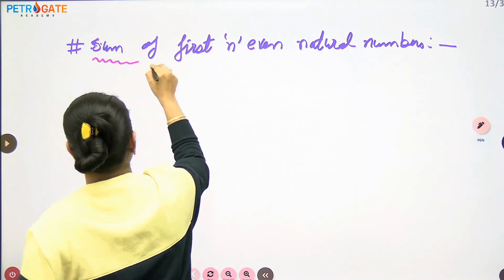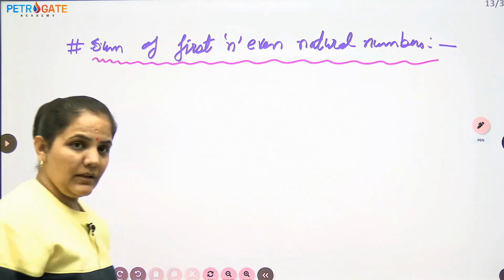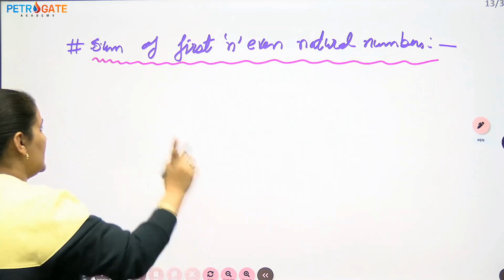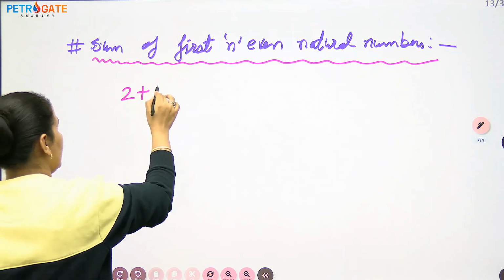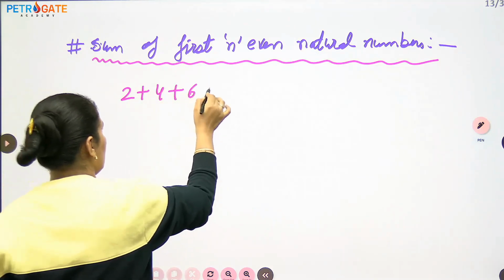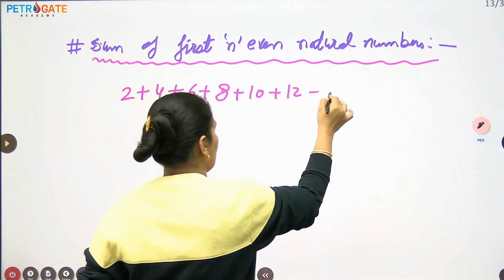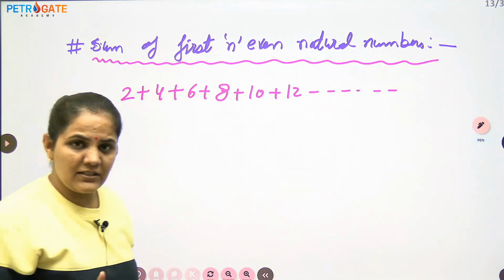Now sum of first n even natural numbers, right? Now what is the formula? I will tell you. We will make the formula. Just write down here: sum of first n even natural numbers. Suppose it is 2 plus 4 plus 6 plus 8 plus 10 plus 12 and so on, up to 2n. And we have to find out the sum of this particular series.